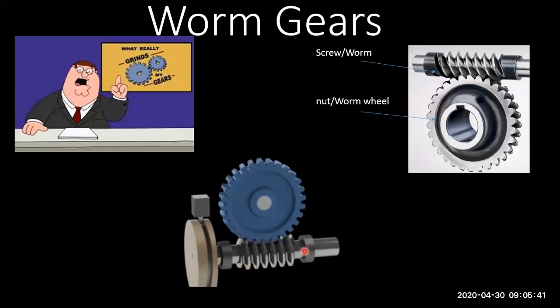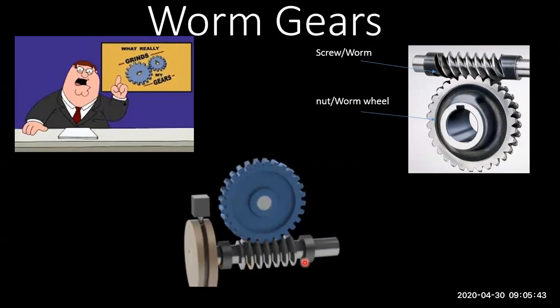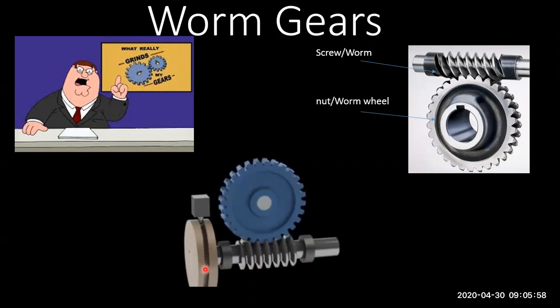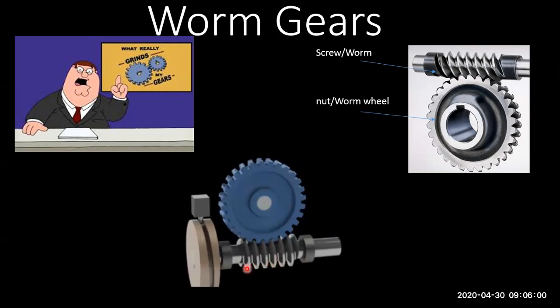You can see the whole worm is moving in one direction only. So this worm wheel is rotating in only anti-clockwise direction. In this you have only the linear motion of the worm. So that's where it comes in handy in most applications, like cranes and those sort of applications.